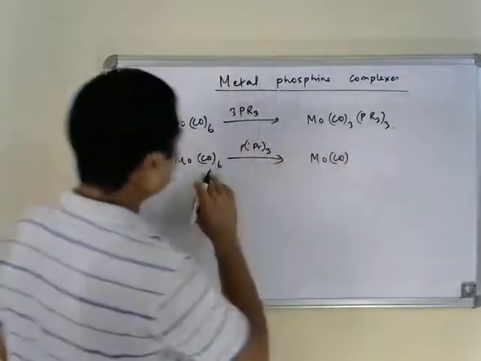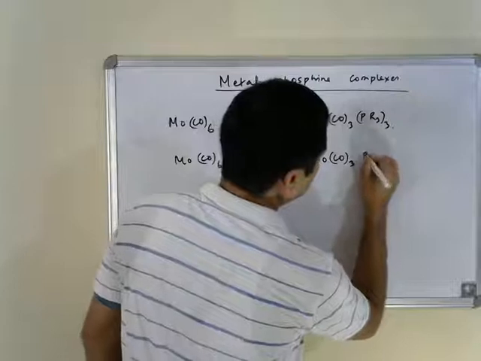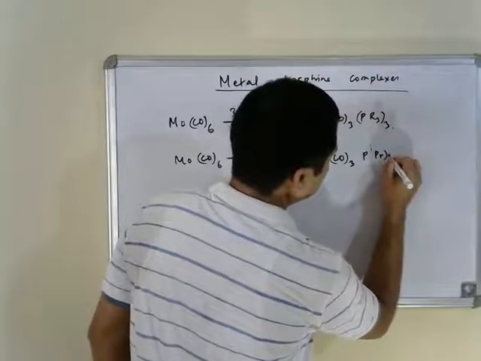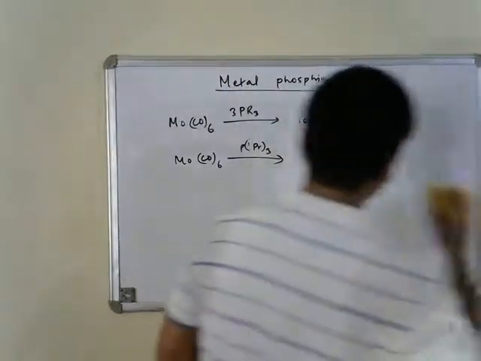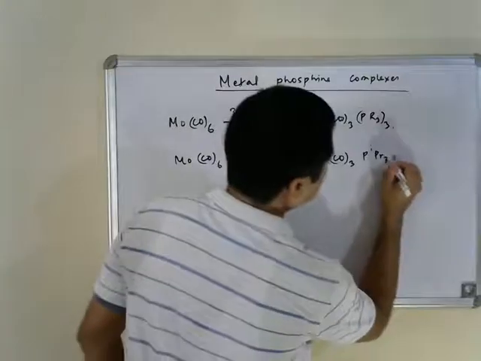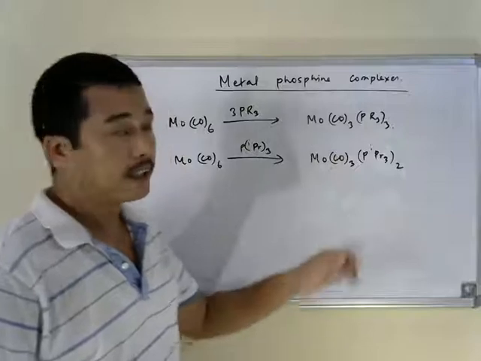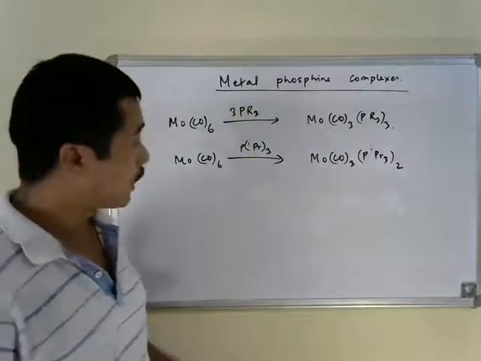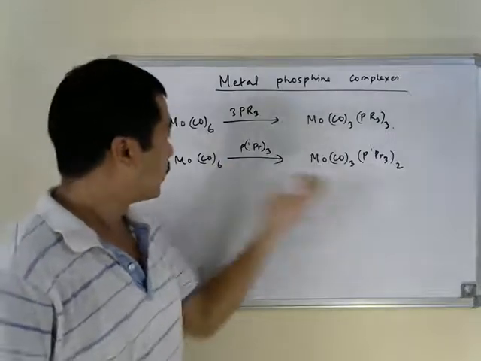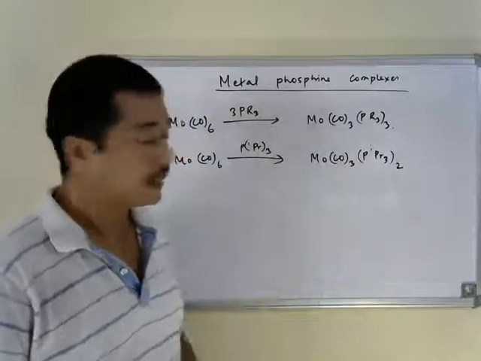Even when we substitute 3 carbonyl ligands, we have only two phosphine ligands. Though we substitute 3 carbonyl ligands, we do not get 3 phosphine ligands, as we see in case of sterically less bulky phosphines. Here, in case of this isopropyl phosphine, when we do the substitution reaction, only 2 phosphine ligands are present in the resulting complex.